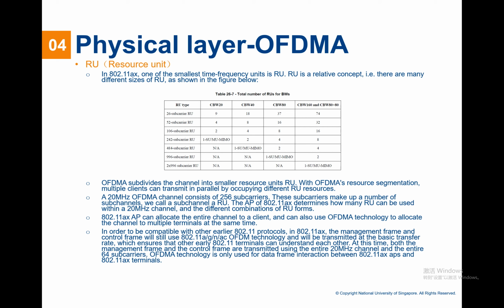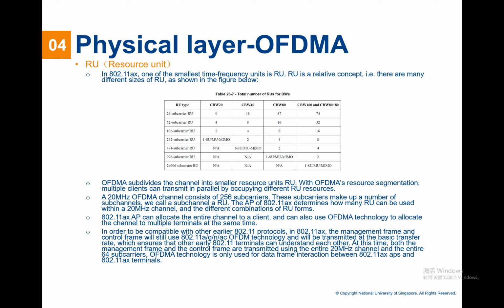The 802.11ax AP can allocate the entire channel to a client and can also use OFDMA technology to allocate the channel to multiple terminals at the same time.